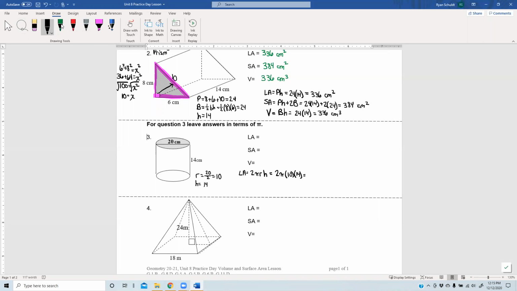Since we want it in terms of pi, we put everything in but the pi. So this will give us 280 pi centimeters squared. So there's our lateral area, 280 pi centimeters squared.